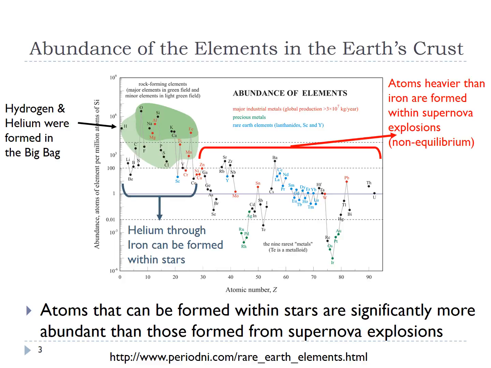The next thing I want to point out is that once you get to iron, as we'll see in the next couple slides, you can't form any elements heavier than iron within stars under equilibrium conditions. But when a star explodes, i.e. a supernova explosion, you can have a non-equilibrium situation in which for a brief amount of time you get really high temperatures and densities, and then you can form a lot of these heavier elements.